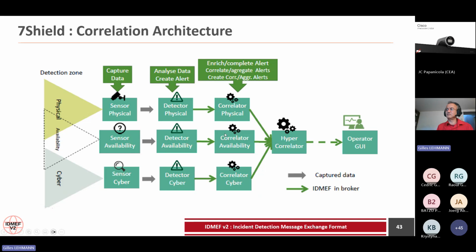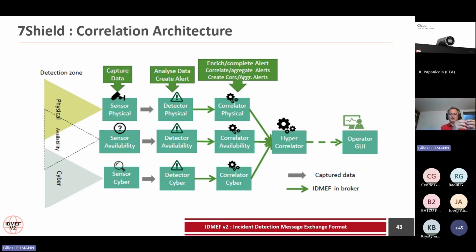Instead of correlating physical, availability and cyber, you could hyper-correlate earlier, and it could be interesting for detection. The more information, the more complex the attacks you can find. For a very simple idea, if someone is entering a network during the night, it can pass through the IDS, whatever, but it is going to cause some CPU consumption, some network use.